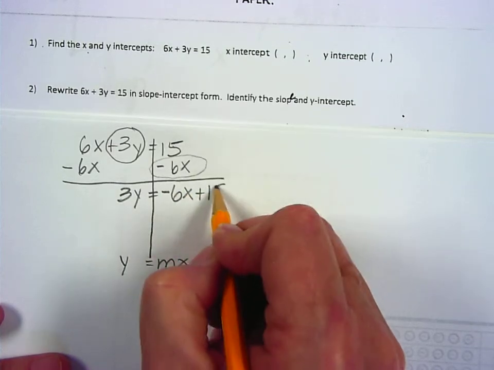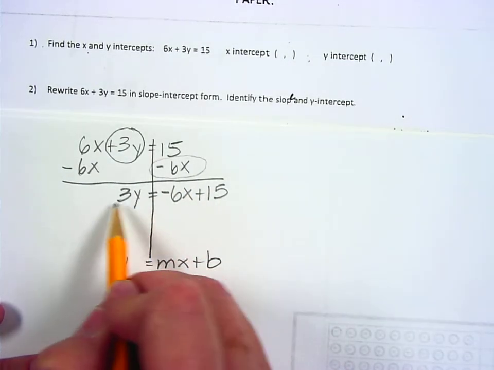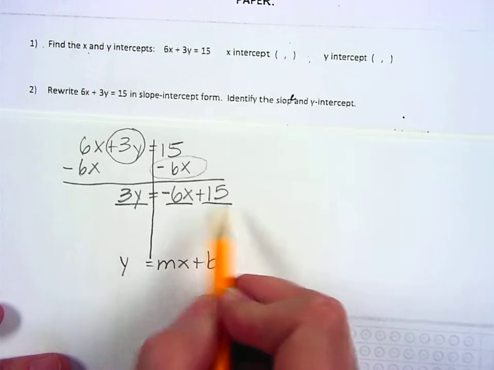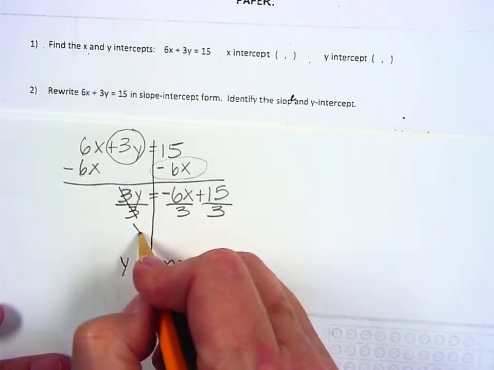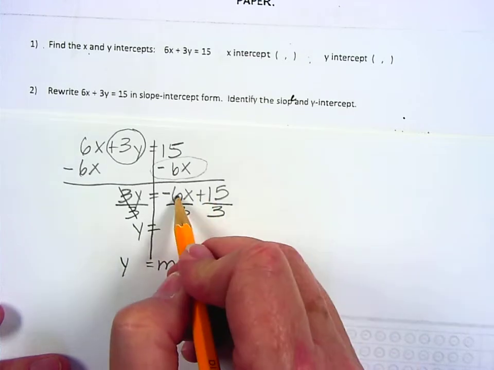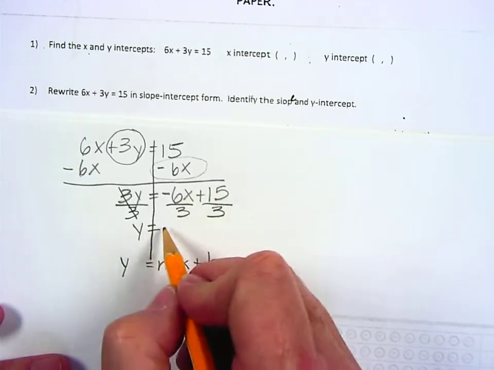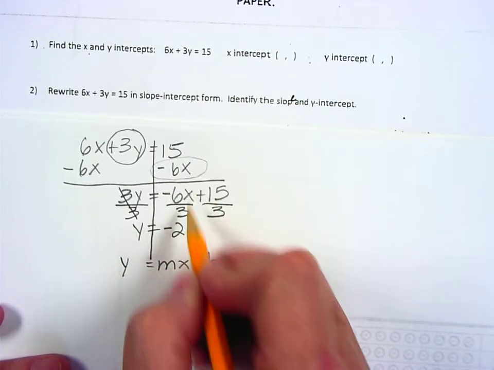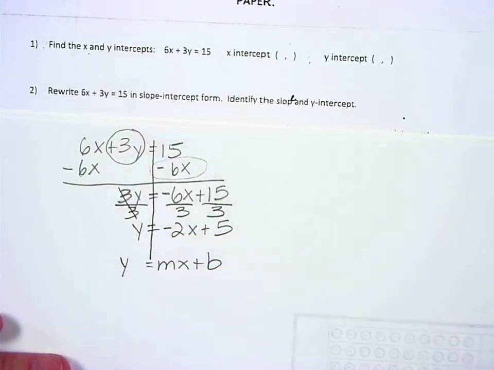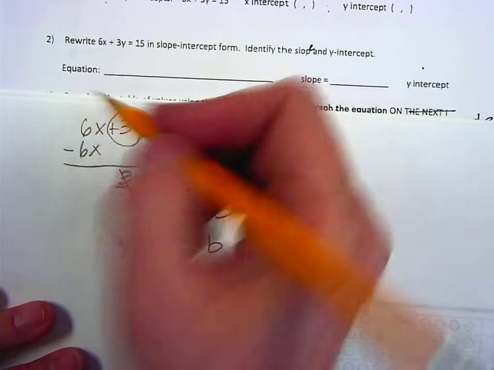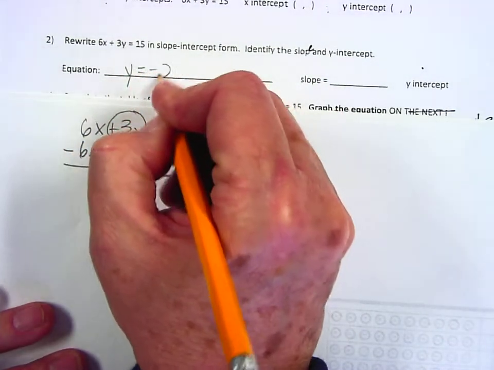I want y alone, so I'm going to divide every term by 3. y equals negative 6 divided by 3 is negative 2, bring down my x, 15 divided by 3 is 5. There's your equation in slope-intercept form: y equals negative 2x plus 5.